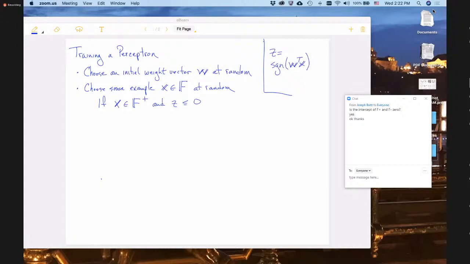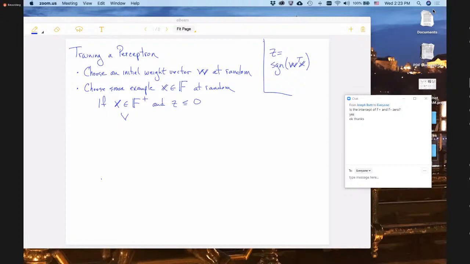So right off the bat, this should look a little bit familiar because it's very similar to what we did with the Winnow algorithm, where we're looking at a misclassification. The example is positive, but the network is currently returning a negative classification. And you remember that in that case, what we did was we promoted. Well, we're going to do something kind of similar here.